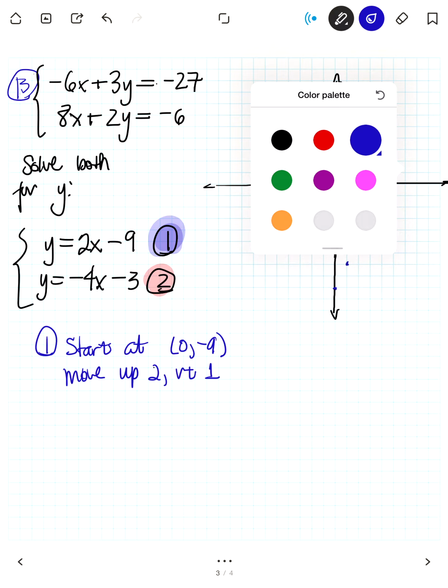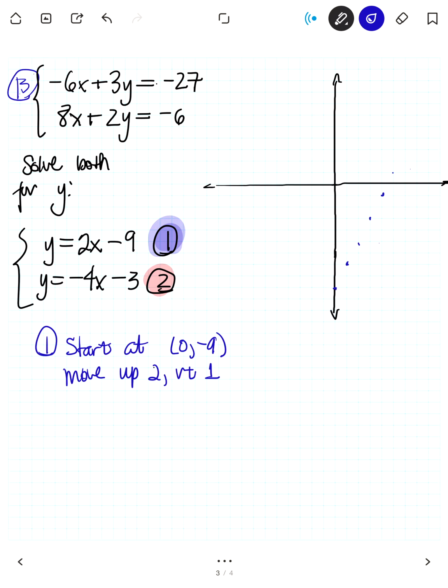So I fill these all in. Okay, and then I actually can only go back 1 point, so I'll just toss that on real quick.